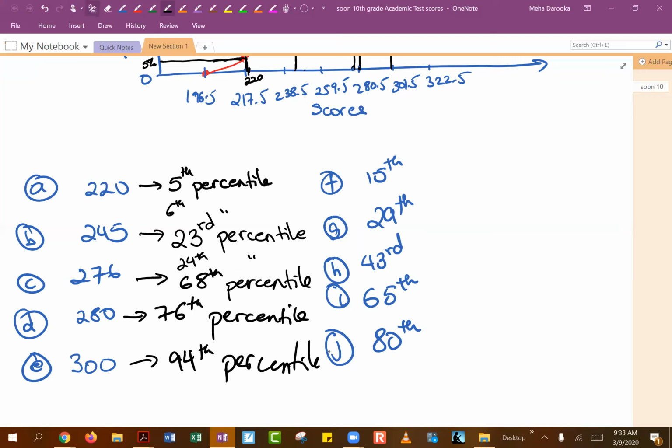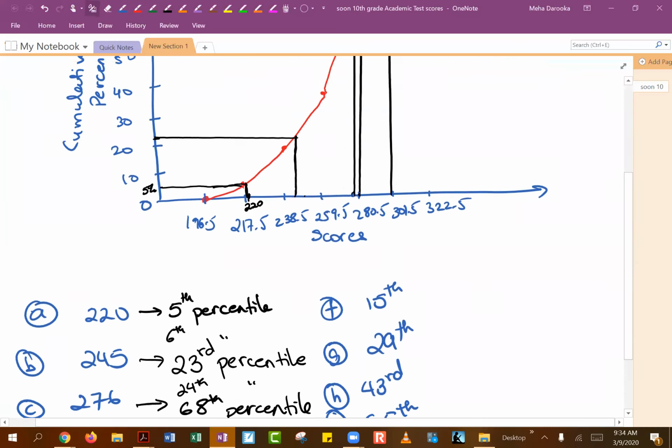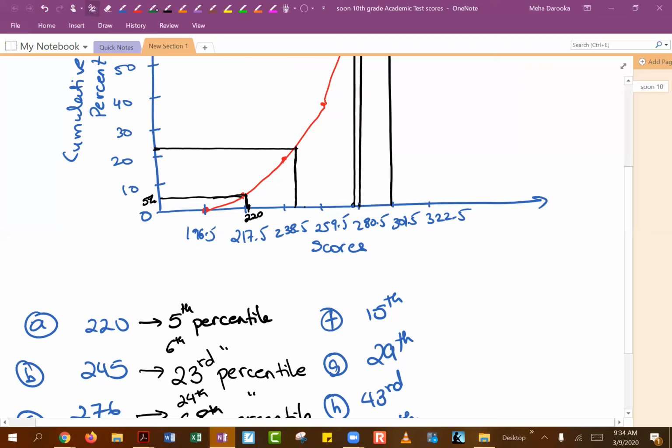Okay, so this was looking at the scores and coming up with your percentile rank. Now, if you're given the percentile rank, they want to know what corresponding score that would have. So that would be 15th percentile. 15, of course, would be halfway between 10 and 20. So hopefully that one will work out a little bit better.